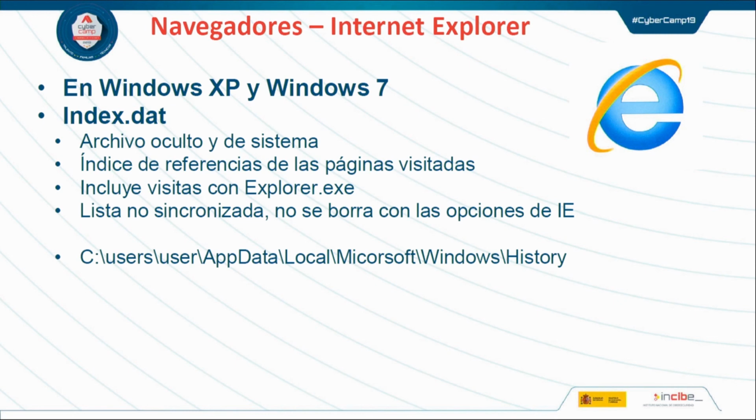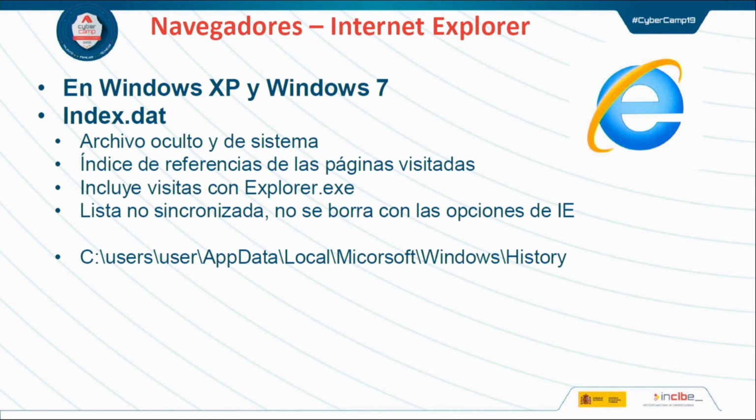And, of course, browsing is something else that we need to analyze when doing forensics. We're going to analyze the most commonly used: Internet Explorer, Chrome, Firefox, if it's a Windows environment. So where does Internet Explorer save the history?